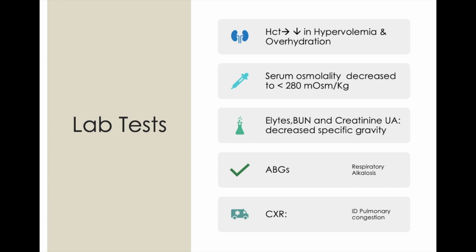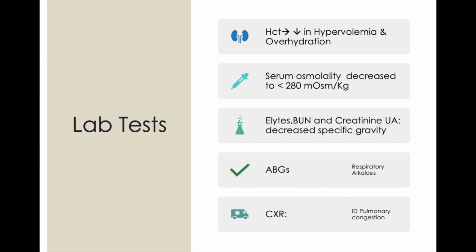Okay, so now the lab tests are going to be the opposite. Now the hematocrit and the hemoglobin and all of those things are going to be decreased because now there's so much fluid that these molecules are dispersed throughout, that there's more fluids than the molecules. So now it's going to be very diluted.